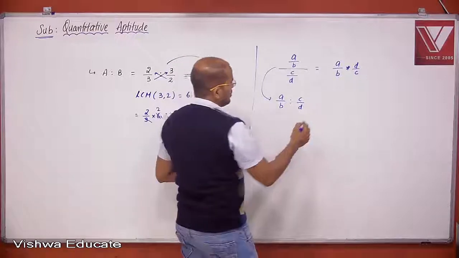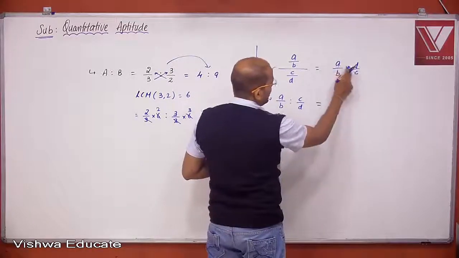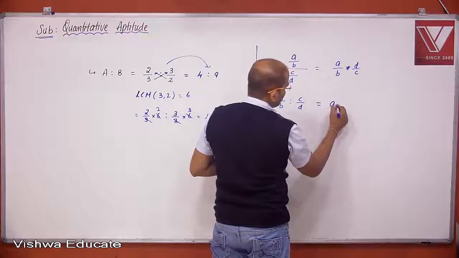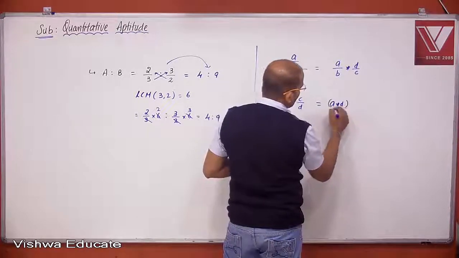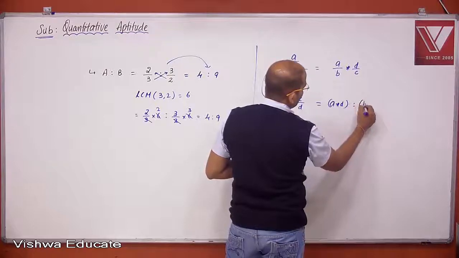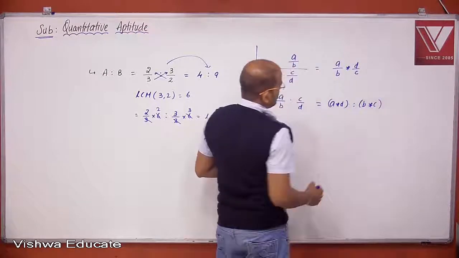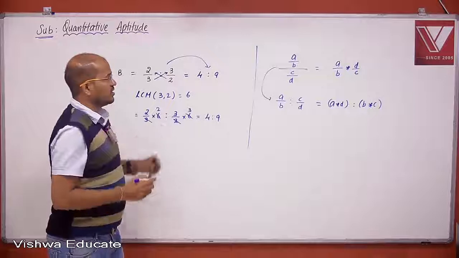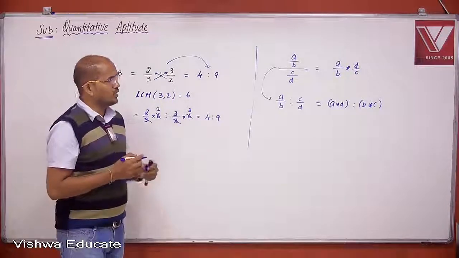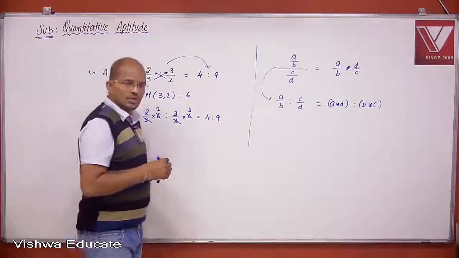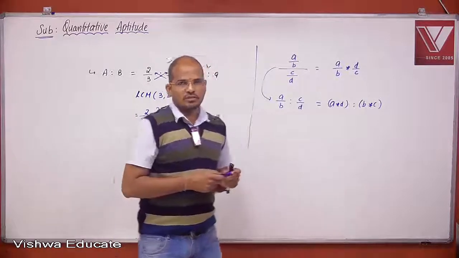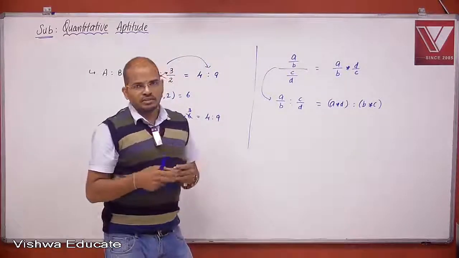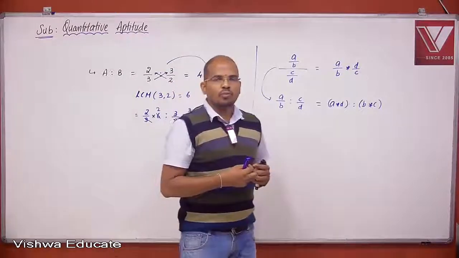So this will be the same as AD is to BC. The same thing I have done here, simply cross multiplying. You have learned this in your school days, right? And the topics of algebra where you invert things and the fraction gets inverted, the change of numerator and denominator is found.